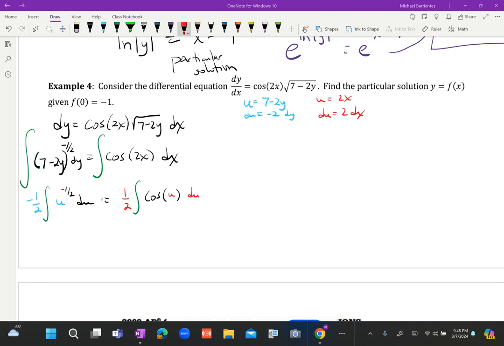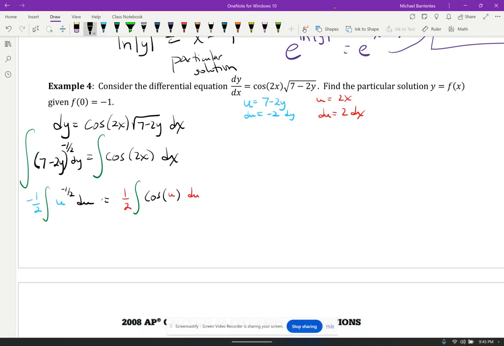All right, so now I can take the antiderivative. The antiderivative of this side is going to be u to the 1/2 over 1/2, which is multiplying by 2. But don't forget, I still have this negative 1/2 that I'm multiplying there. And that equals 1/2 times the antiderivative of cosine u.